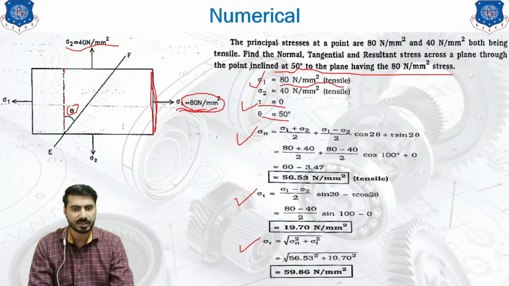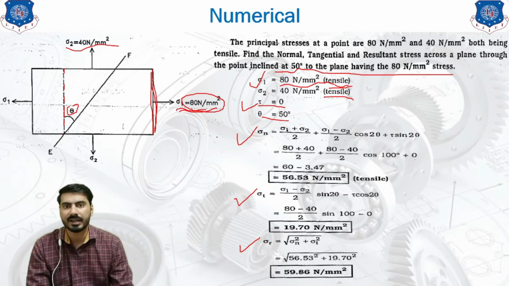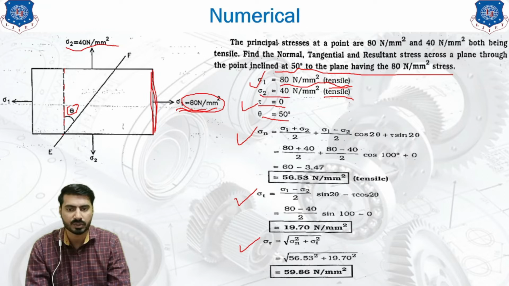Now if the second stress is similar, then we will consider it as positive, and if it is opposite, then it is negative. As we can see, both the stresses are similar, tensile. If sigma 1 is tensile and sigma 2 is given as compressive, then we would consider sigma 2 as negative. But right now both are similar, so sigma 1 and sigma 2 are both considered positive.